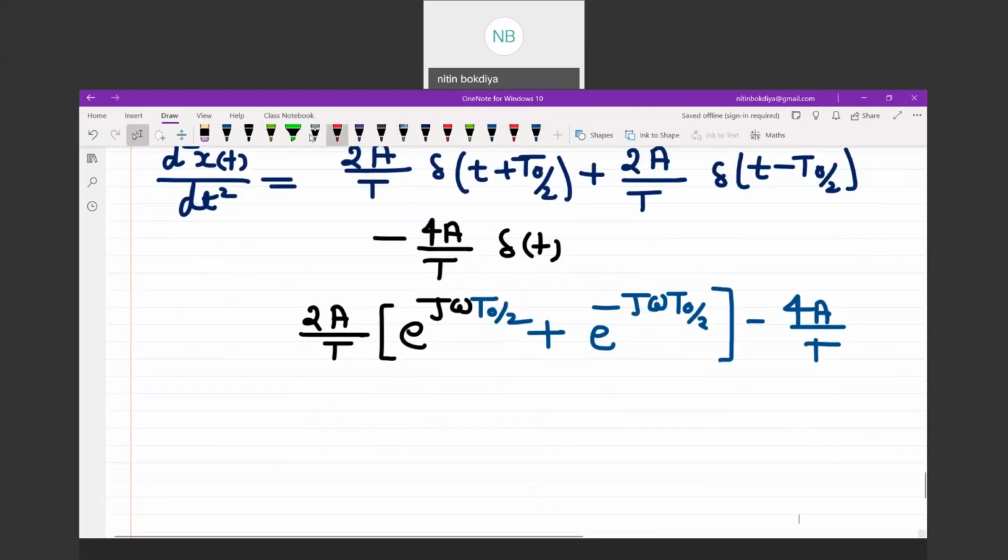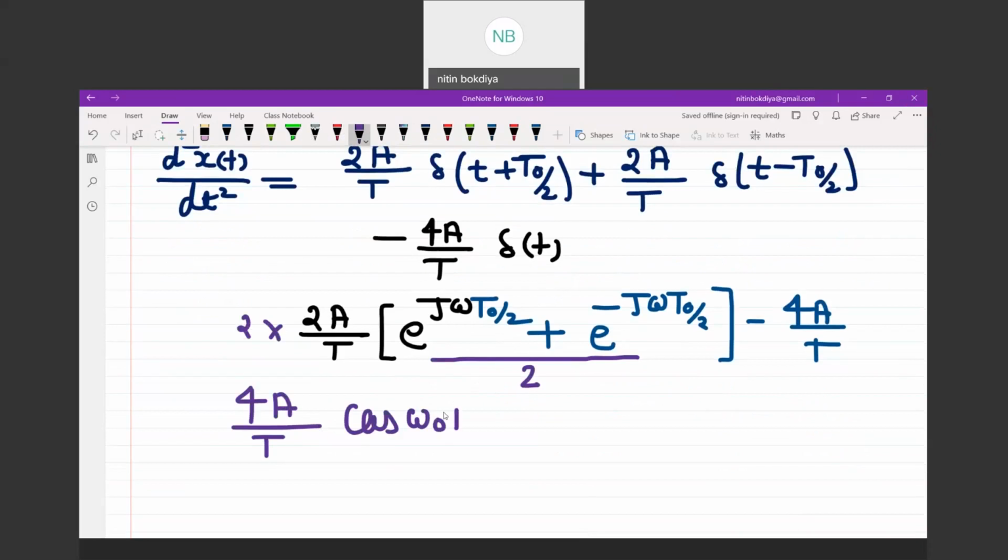Now let's divide it by 2 and multiply it by 2. So you can say this is 4a by t cos of omega t naught by 2 minus 4a by t, because this is in the omega domain.